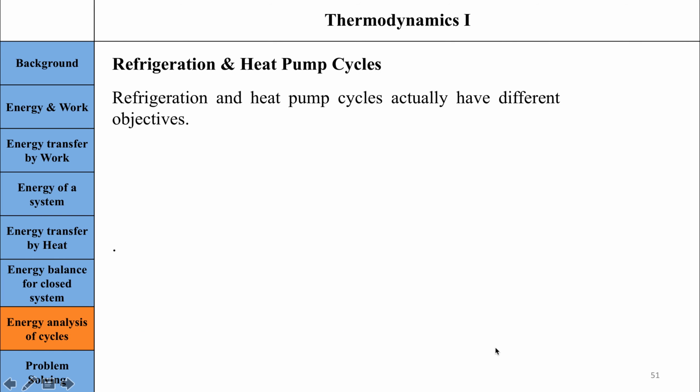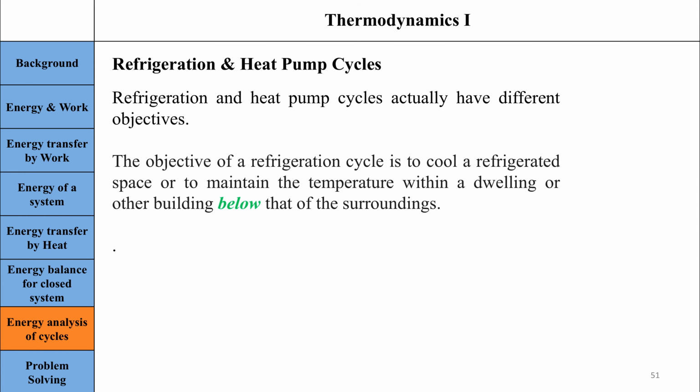So moving on now, looking at refrigeration and heat pump cycles, they have the same objectives, and the objective for a refrigeration cycle is to basically cool a refrigerated space, wherever it is in the building, below that of the surroundings.